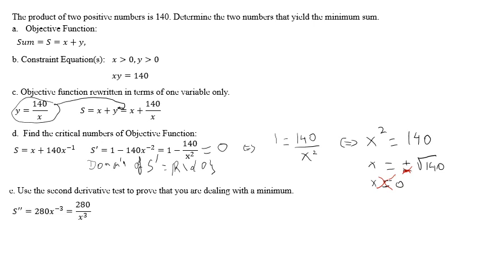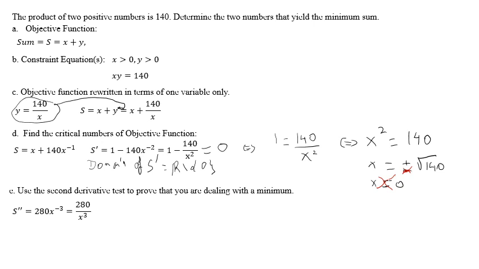So the derivative of 1 is 0, and again I'm using this version of s prime, so I don't have to use the quotient rule. That would be negative 140 times negative 2x to the minus 3, which is 280x to the negative 3, which I will write like this.